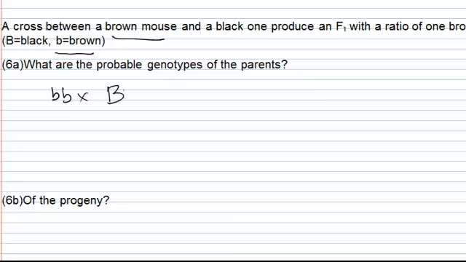The black one, we don't know for sure yet. That's because homozygous dominant or heterozygous can give us a black mouse, right? So we don't know exactly what that is yet, but we do have some information.